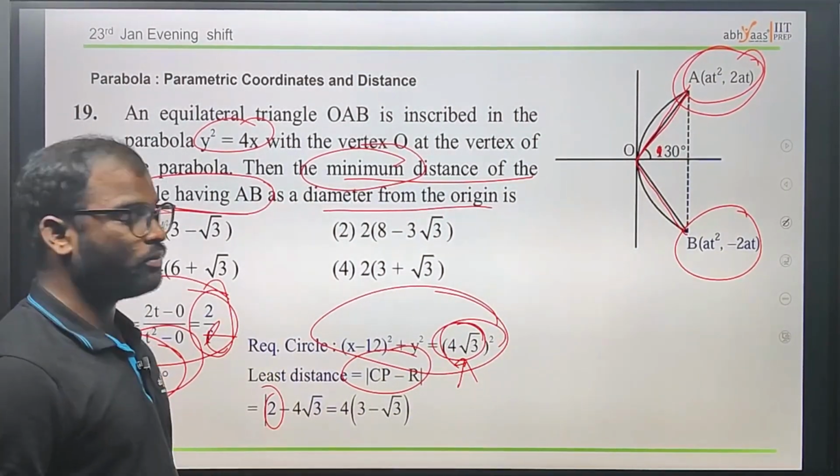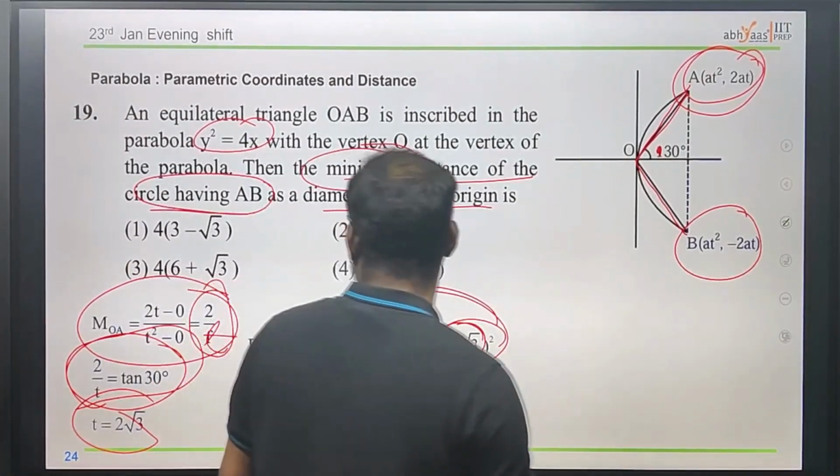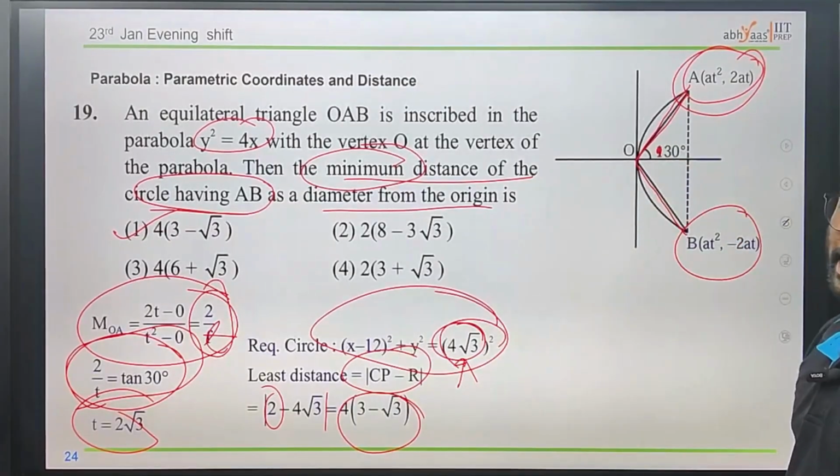I hope you understood what I am doing. So |2 minus 4 root 3|, which gives us 4 into 3. Option 1 is our correct answer. Here we just need to understand the diagram, what is happening.